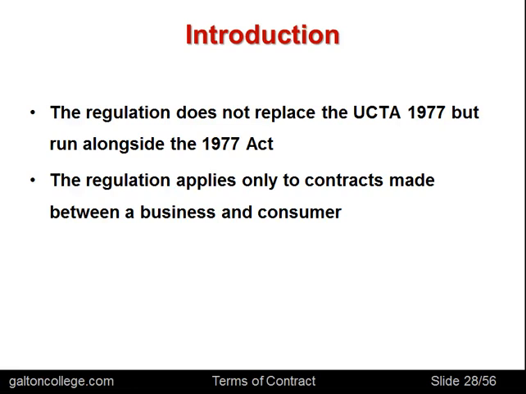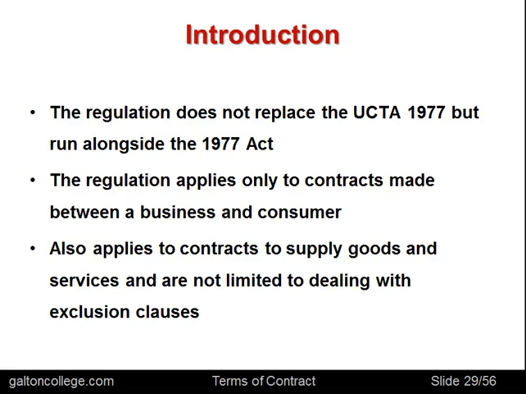The regulation applies only to contracts made between a business and a consumer. It also applies to contracts to supply goods and services and is not limited to dealing with exclusion clauses. So the new regulation, the Unfair Terms in Consumer Contracts Regulations 1999, tries to shed light on what is fair and reasonable in terms of exclusion clauses in contracts.